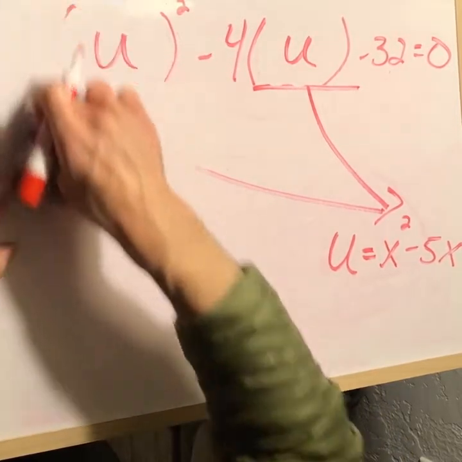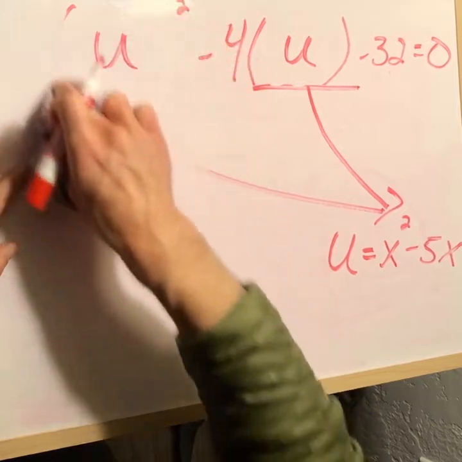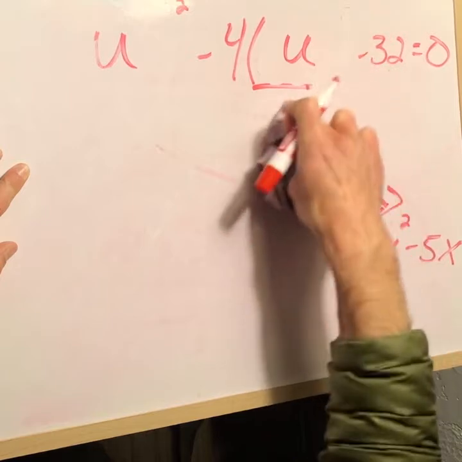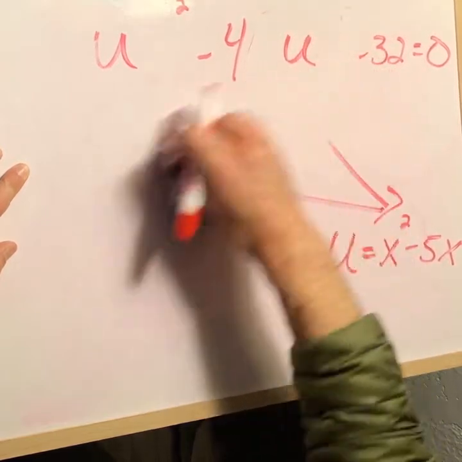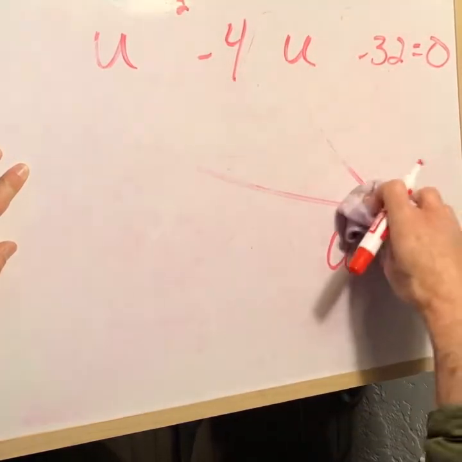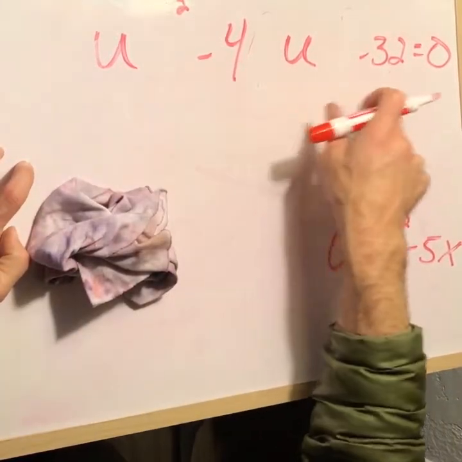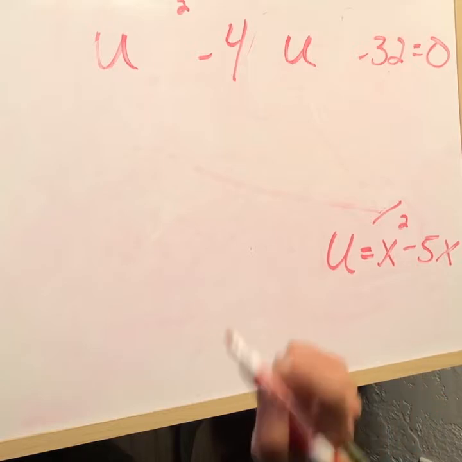I'm going to solve this just as it is, normal. I'm going to get rid of the parentheses. I don't need the parentheses anymore because I just replaced this with a U. And I'm going to go ahead and solve this now. This is exactly like the question I just said.